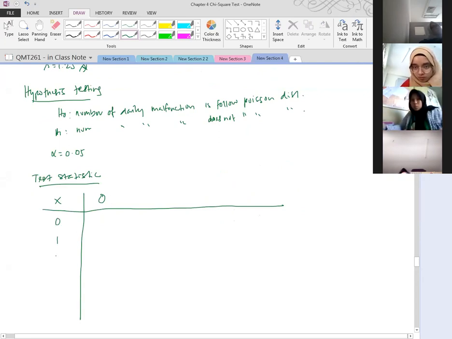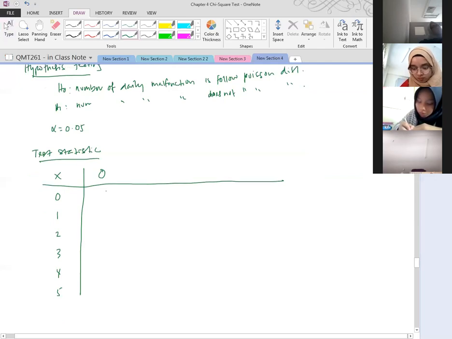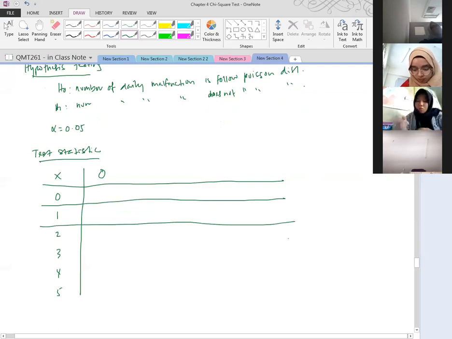This is 0, 1, 2, 3, 4, 5. We only have 5 malfunctions. So we need to put this into a nice table.